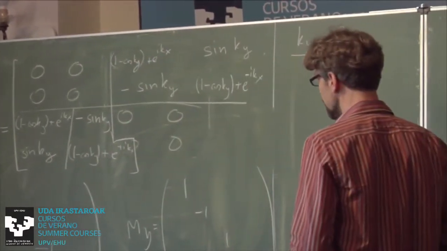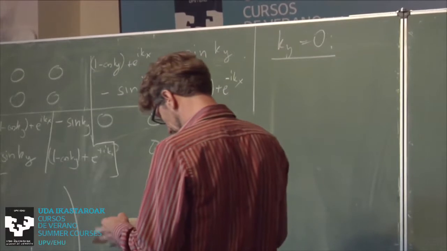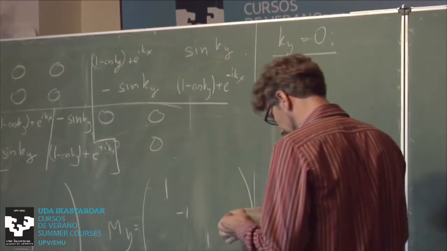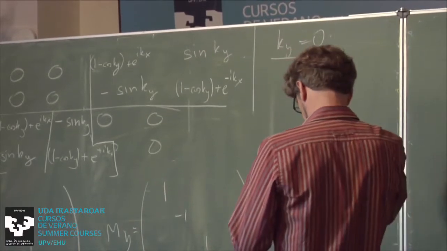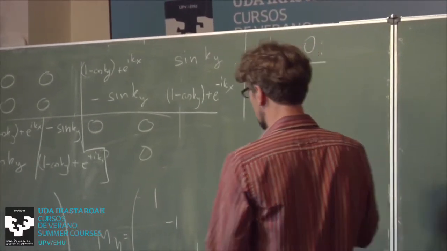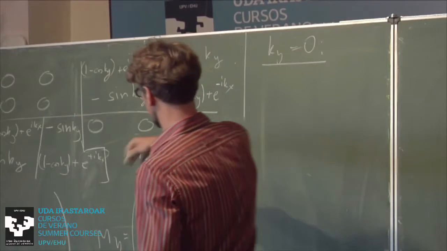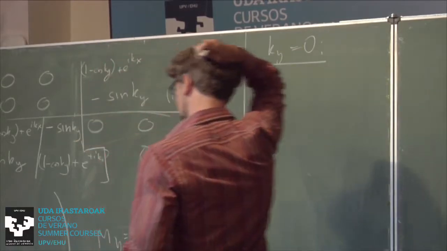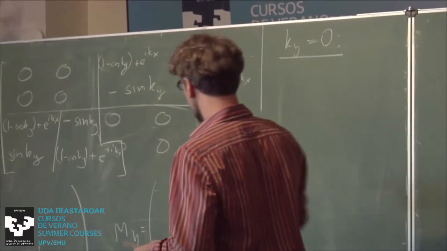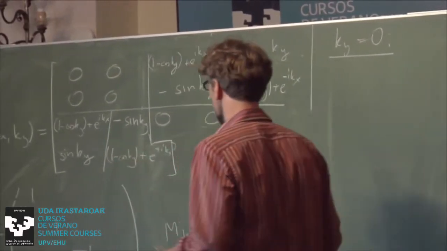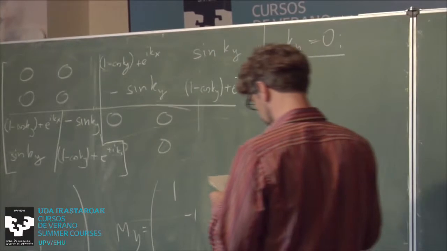Both are topological, and if I compute the winding number of each of them, it's basically this polarization, but it has integer values. Then I'll figure out that they have the opposite winding number, so there is no net polarization in this system.